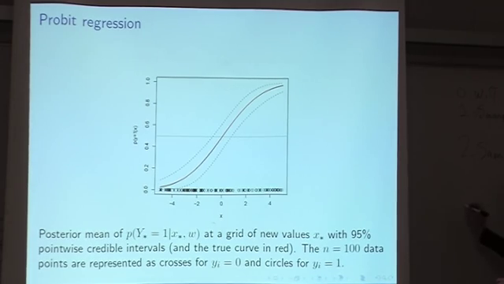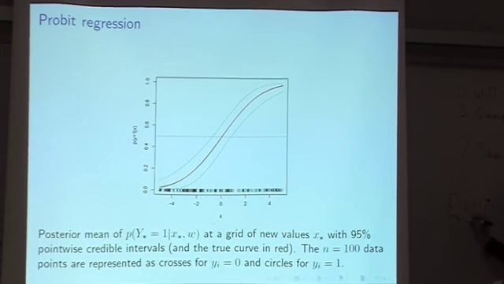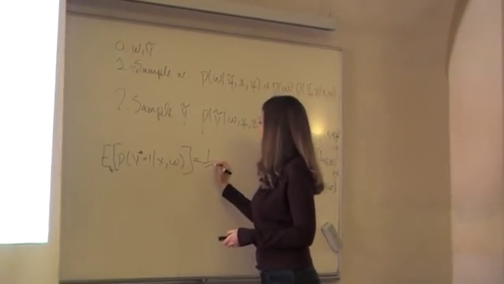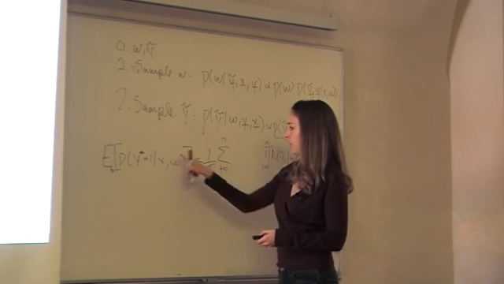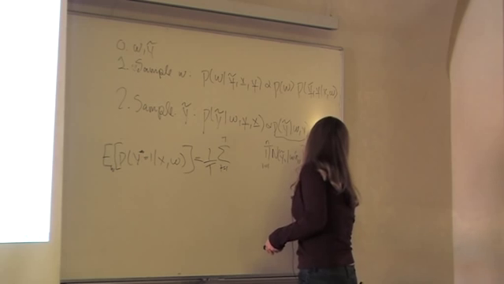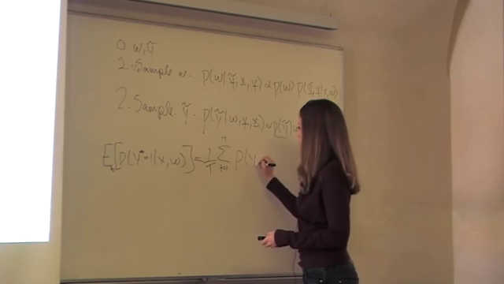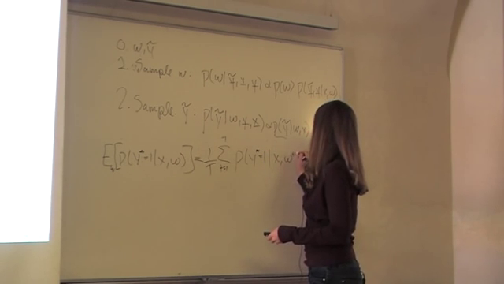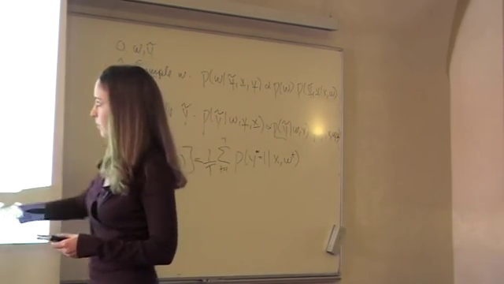That is just equal to the expected value with respect to w. So that's just 1 over t, and I average this by plugging in my samples. The black line is my estimate.